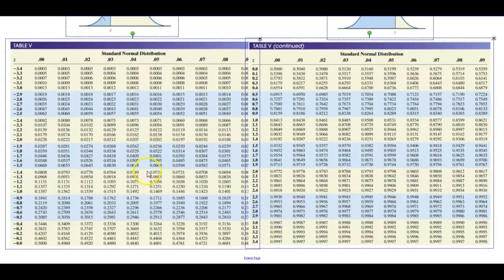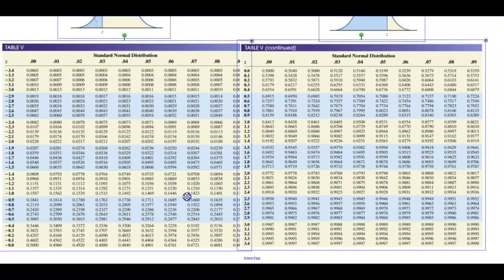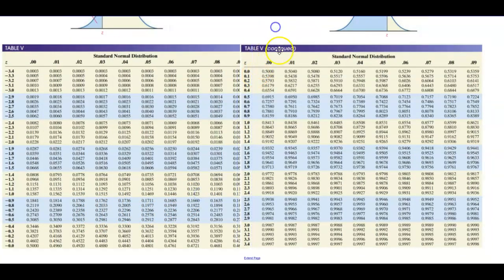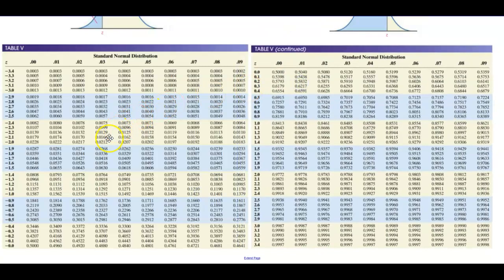So let's look for 0.28. Okay, so it's between those two values down here.